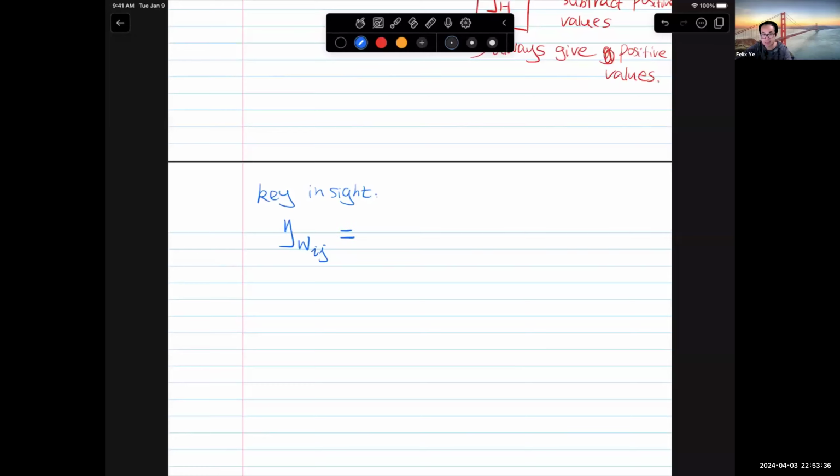And this learning rate, eta, is different for each entry. So it's entry-wise different.